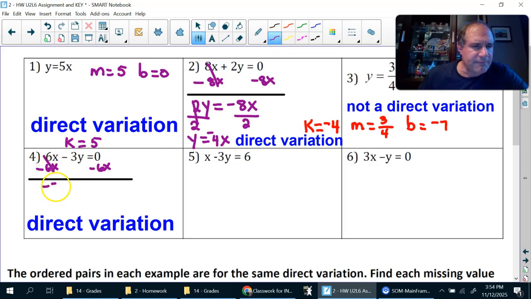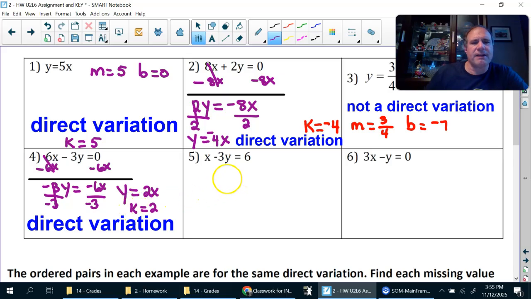We get negative 3y equals negative 6x. And you're going to divide by negative 3. Divide by negative 3. And you get y equals 2x. So the k equals 2. And that is a direct variation.